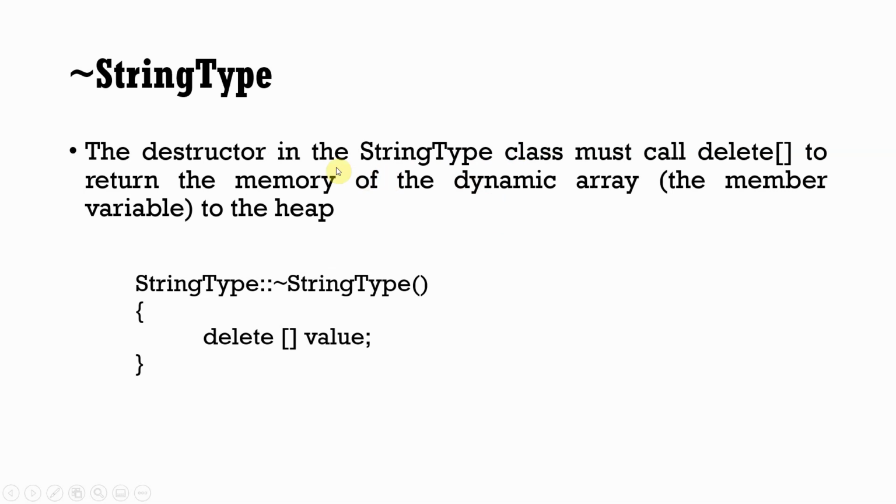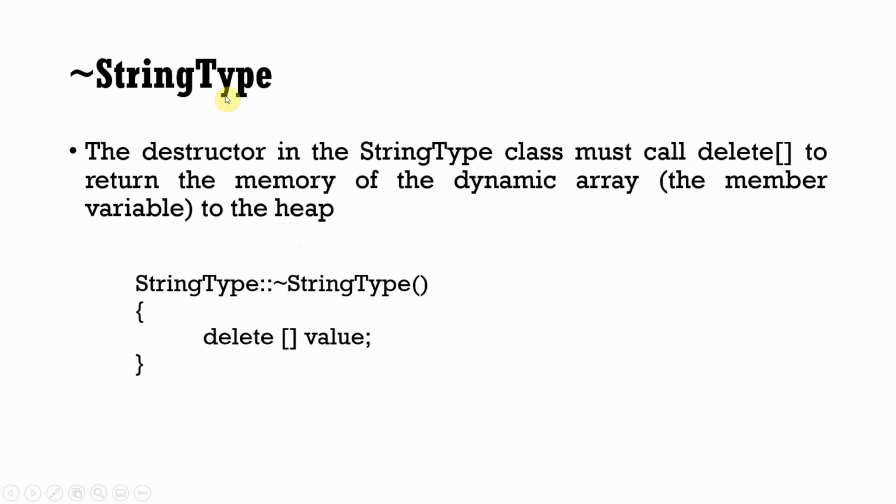Okay, so the destructor in a certain class, like in this example, a string type class that has a pointer to dynamic variables, must call delete to return the memory of the dynamic array, or deallocate it to the heap, making it available for the heap again.